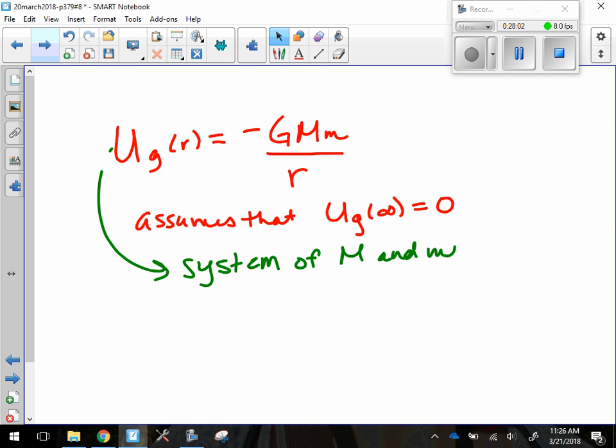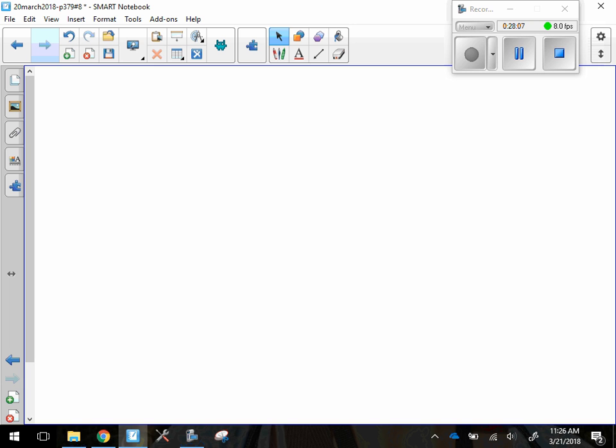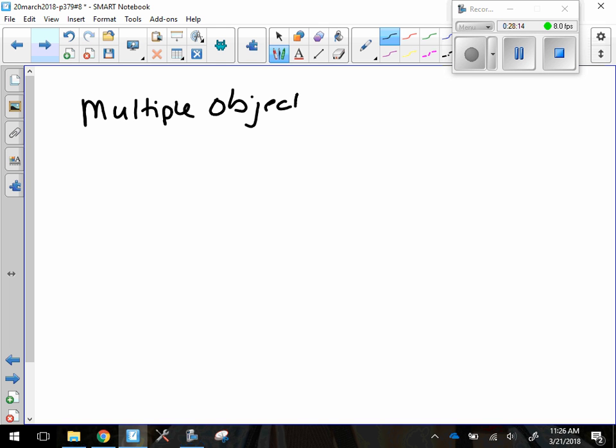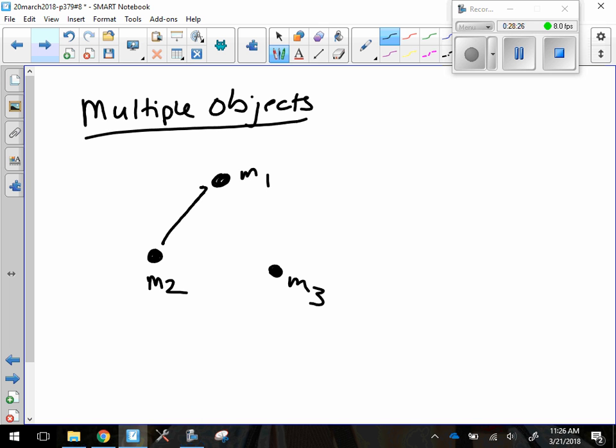That's my next slide right here. If I have a multiple system, okay? So if we have more than just 2 particles, so multiple objects, so I'm going to say that I've got M1 and M2 and M3, and so these are separated by R12, and these are separated by R23, and these are separated by R13.